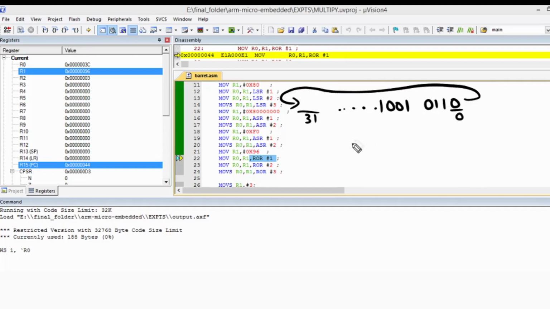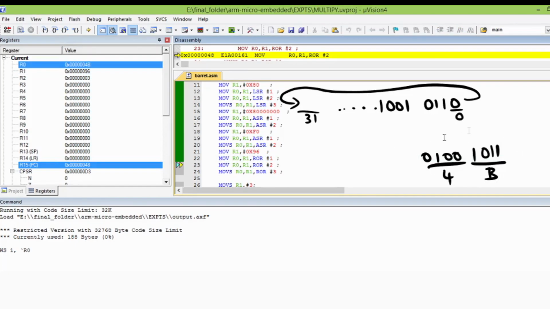What will be the initial value? Because 0 is shifted, there is no problem, MSB will still be 0, and here you will get some answer like this. This is B, this is 4. Because of which 4B is the answer you will see in R0.